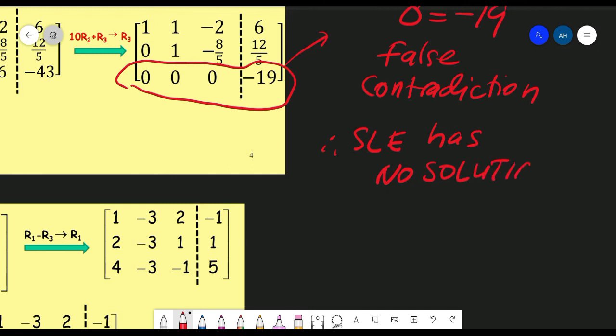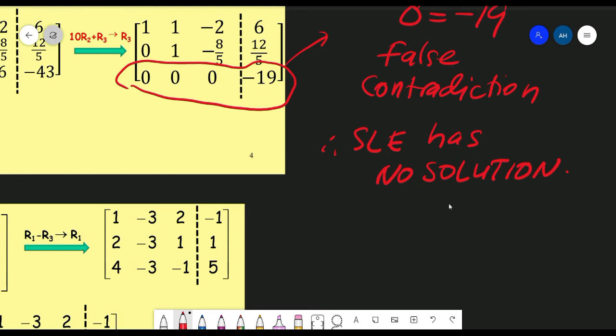What is the indicator? Whenever we have a false statement or a contradiction, that shows that the original system of linear equations has no solution.